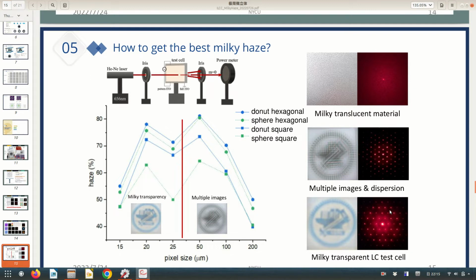And when the defects are distributed in a very messy way and we do the spatial frequency analysis, we will see a lot of spatial spectrum right here. This is the feature of a comfortable milky transparent liquid crystal cell, and the visual effect is more like a translucent material.